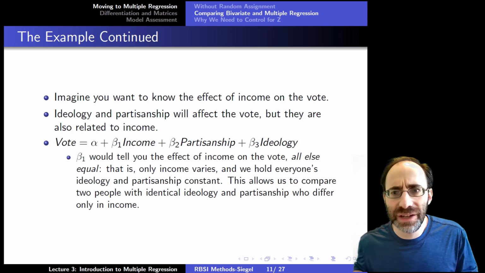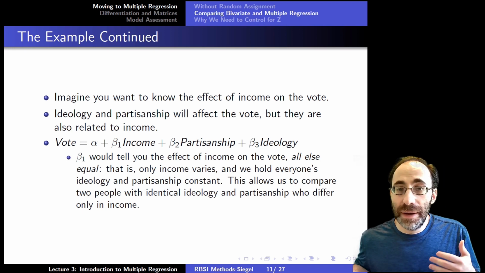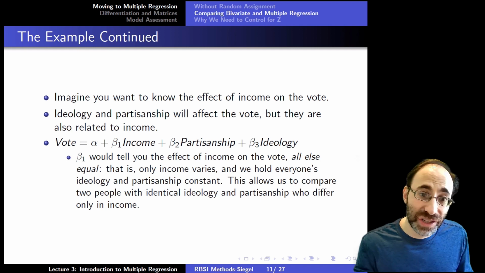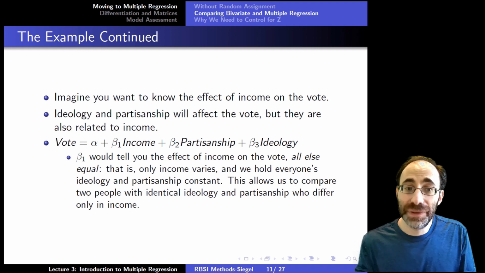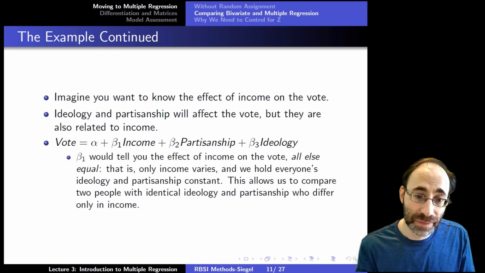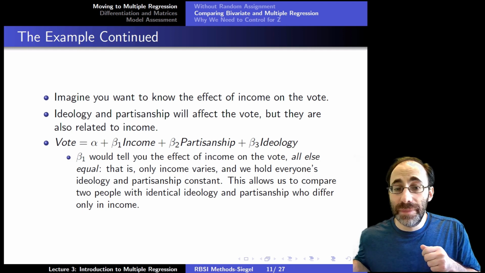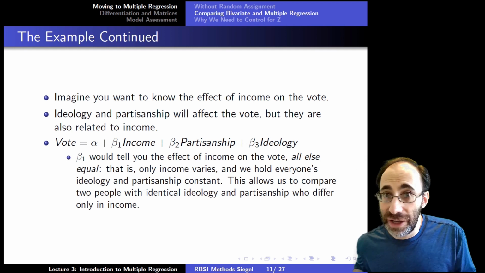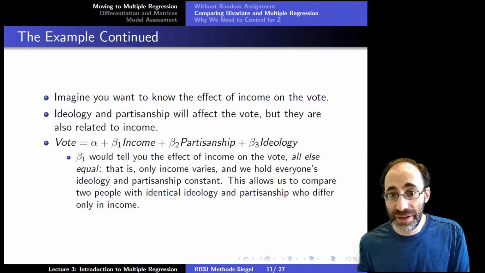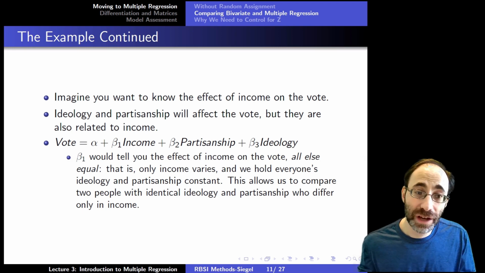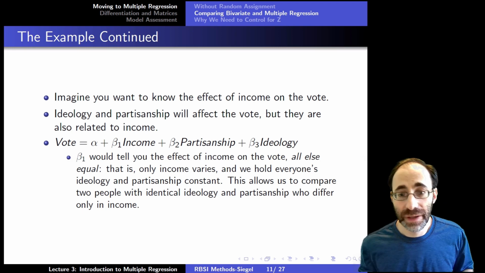We want to understand the effect of income on the vote. The thing is, ideology and partisanship will not only affect the vote on their own, but they are also related to income. So we want to control for them because otherwise we might get spuriousness, because partisanship and ideology correlate with income and with vote.